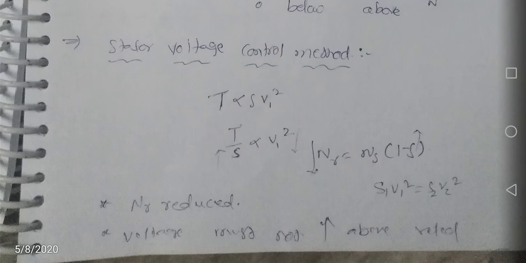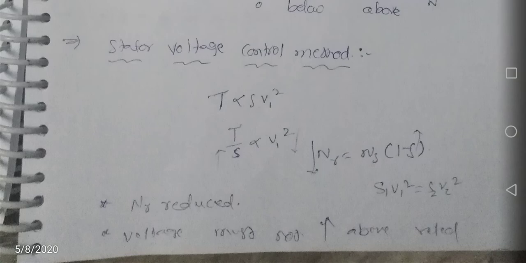When the voltage is decreasing from the rated value, to maintain torque constant, slip is increasing. See in the equation, T by S proportional to V1 square.